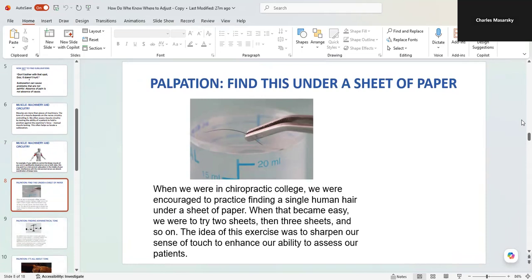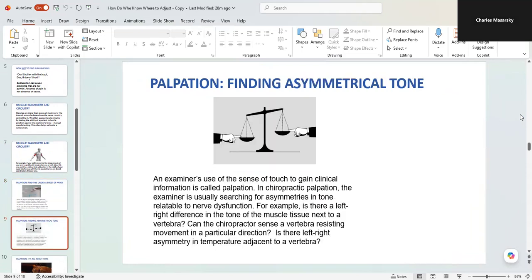When we were in chiropractic college, we were encouraged to practice finding a single human hair under a sheet of paper. When that became easy, we were to try 2 sheets, then 3 sheets, and so on. The idea of this exercise was to sharpen our sense of touch, to enhance our ability to assess our patients. An examiner's use of the sense of touch to gain clinical information is called palpation.